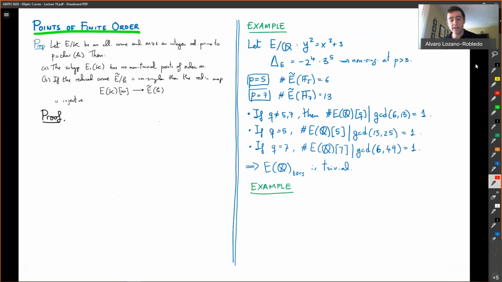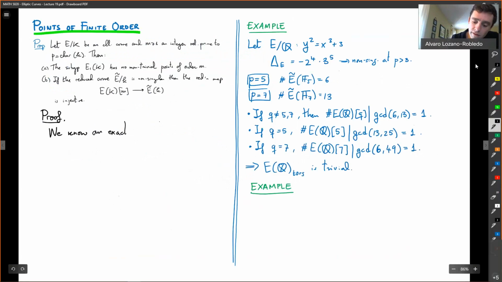On the right, you can see an example we already worked out last time. For that proof, it's pretty simple now because we've built all the machinery. First, we know that we have an exact sequence that goes as follows, from the kernel of reduction to E0 to the non-singular points in the reduction.